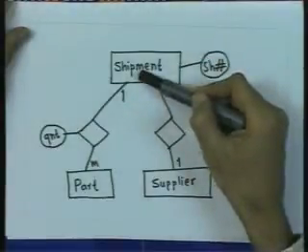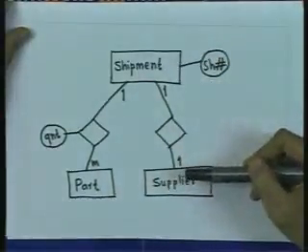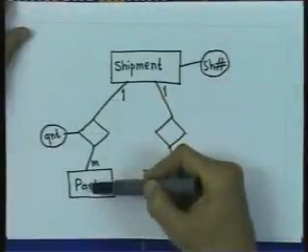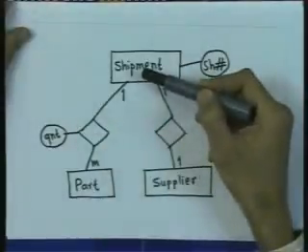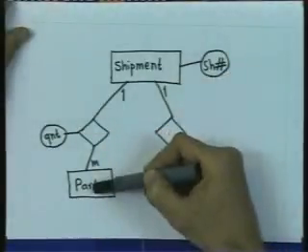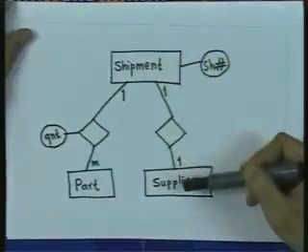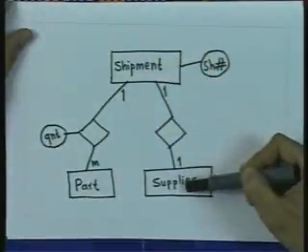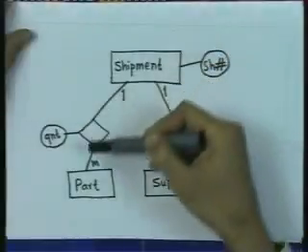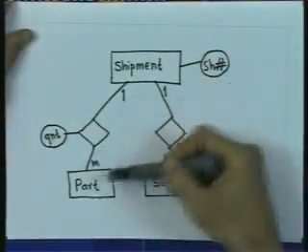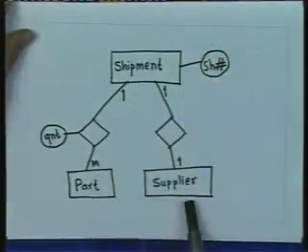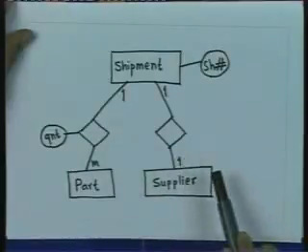How is this shipment related to my parts and supplier? I have now two relationships. I say that shipment consists of parts and shipments are obtained from different suppliers. So, shipment is now having the relationships connecting to part and connecting to the supplier. What should be the cardinalities here?